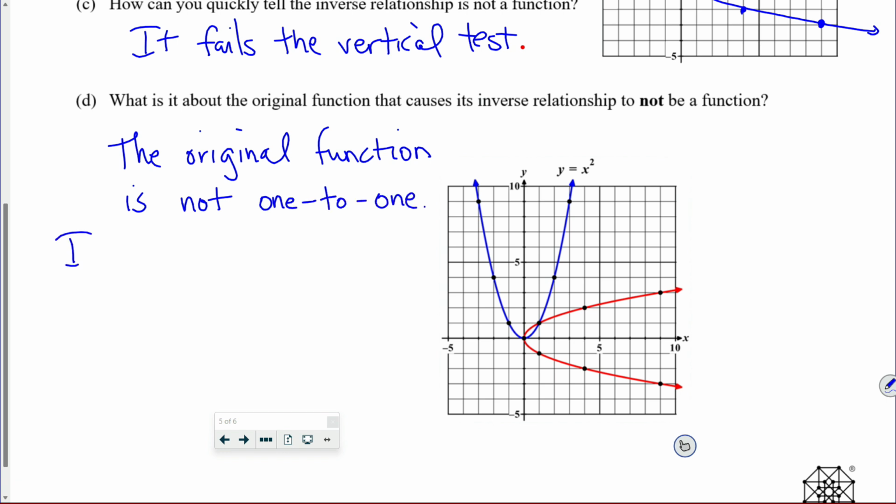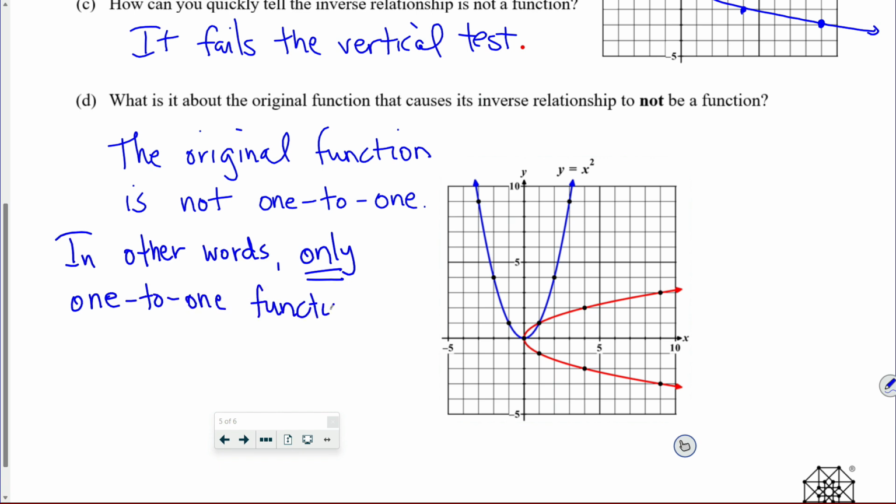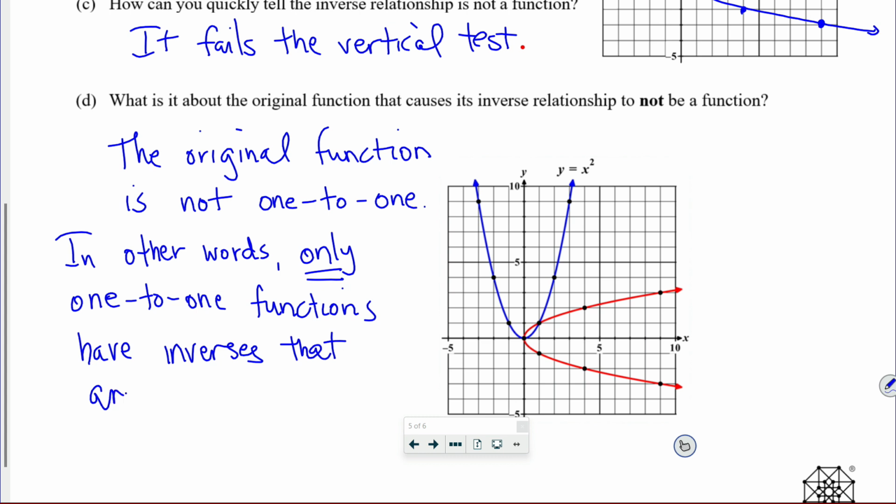In other words, only one-to-one functions have inverses that are also functions.